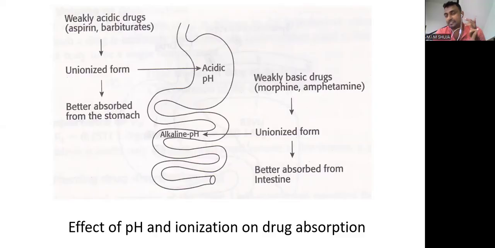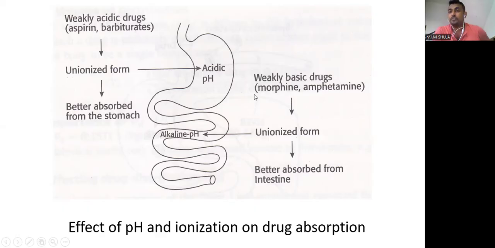Weak acids are unionized in acidic pH. Like that, weak basic drugs are unionized at alkaline pH. So where do you get alkaline pH? Small intestine. So in the small intestine, in the alkaline pH, the weakly basic drugs are unionized.